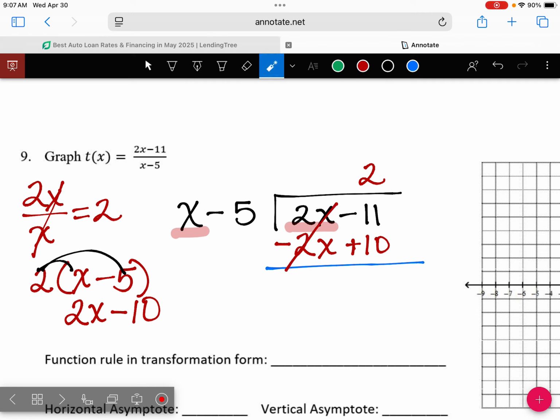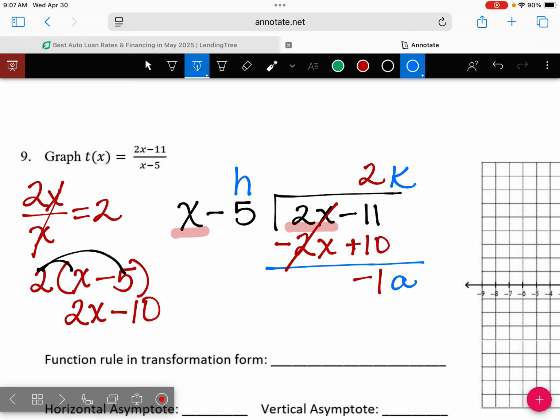Go ahead and pick up your calculator and see what you get when you add that together. -11 plus 10. And that's -1. So the number on the roof is k, and the number left over is a. And of course, this is h.